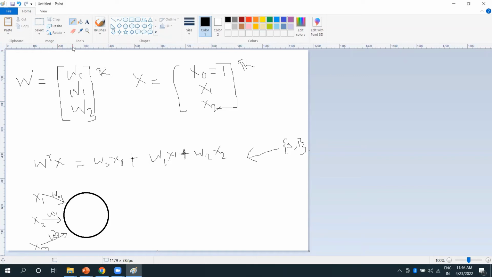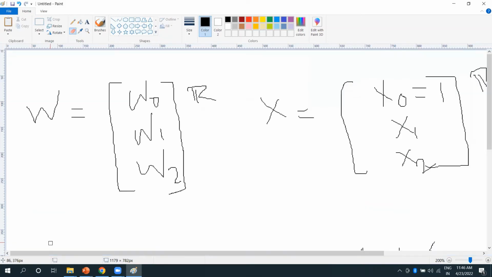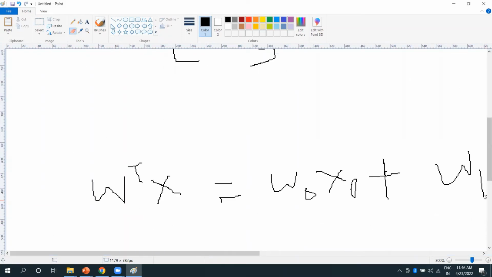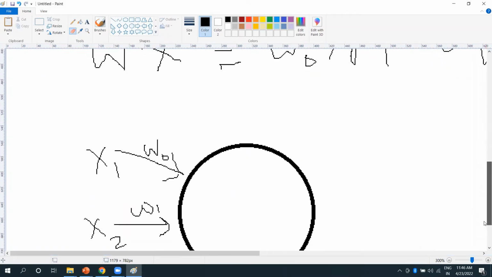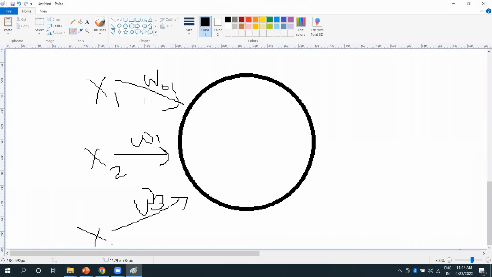One second, I made a mistake. This is not 3, this is not 2, and this is not 1. I'll write them again. This is 0, this is 1, and this is 2.